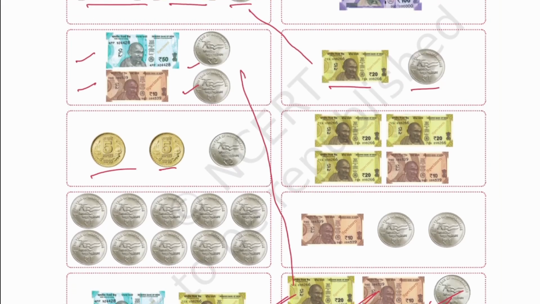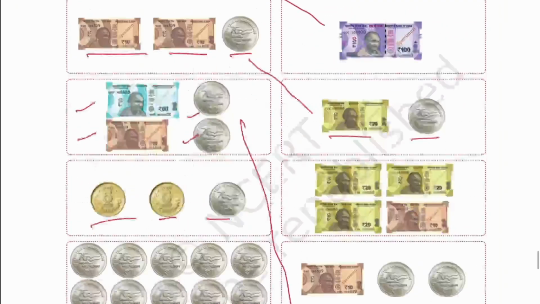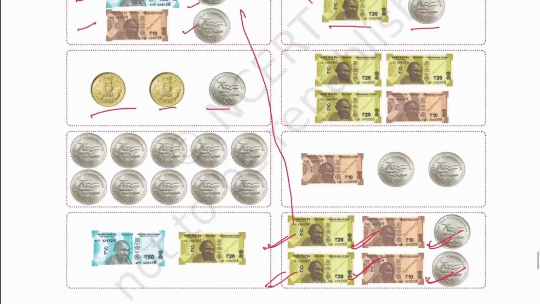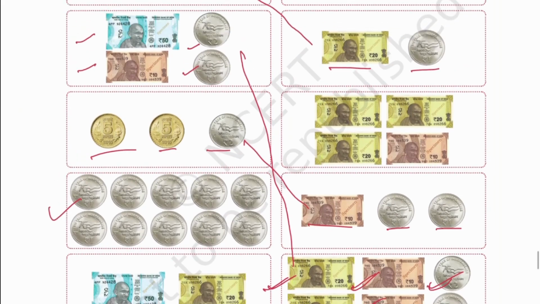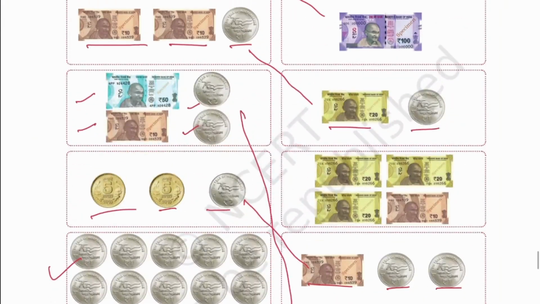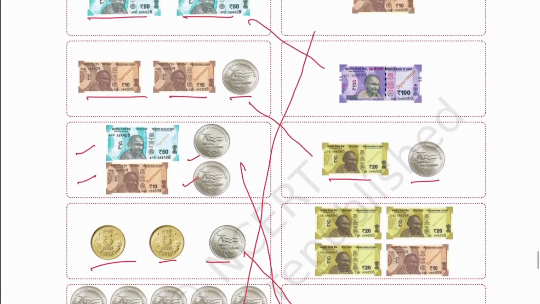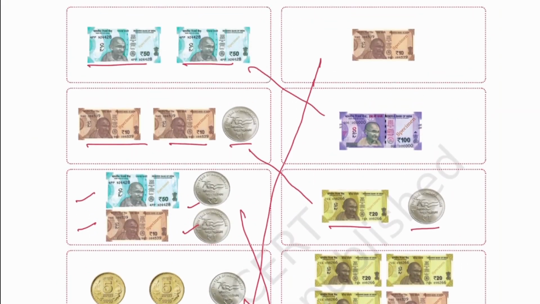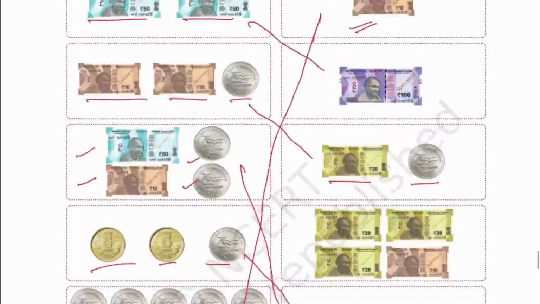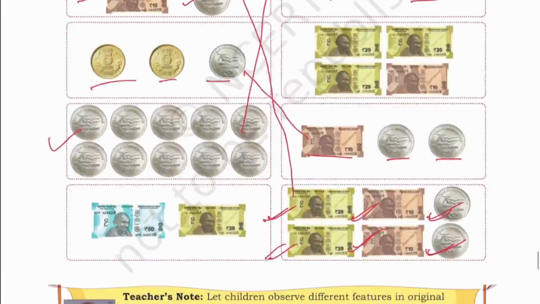Similarly, 5 rupee and 2 rupee, that is 12. 12 could be made using 10 rupee and 2 one-rupee coins. Okay. Similarly, 10 one-rupee coins will make 10 rupees. 10 rupees means 10 one-rupee coins.